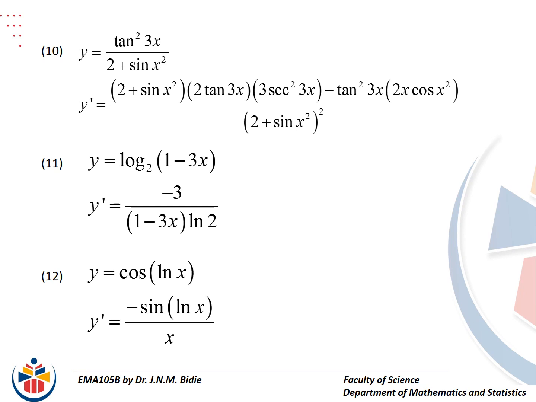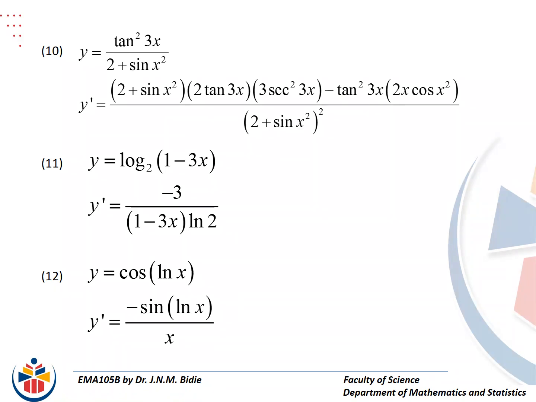Okay, now let's go to the next example, number 12. Y is equal to cos ln x. Ln x, its derivative is 1 over x. So, when we do this derivative of cos ln x, the first thing we have to recognize is that the derivative of cos is what?